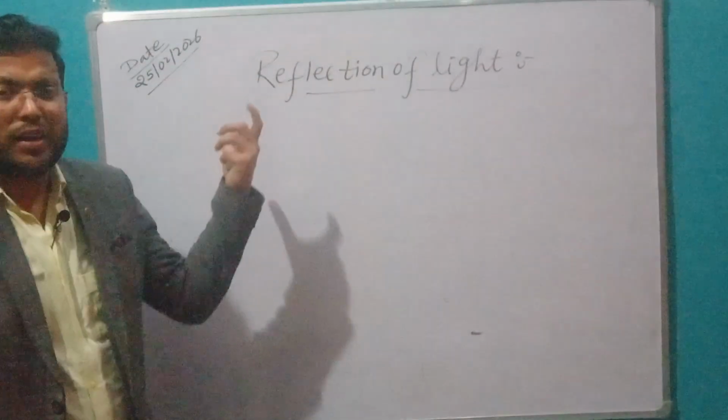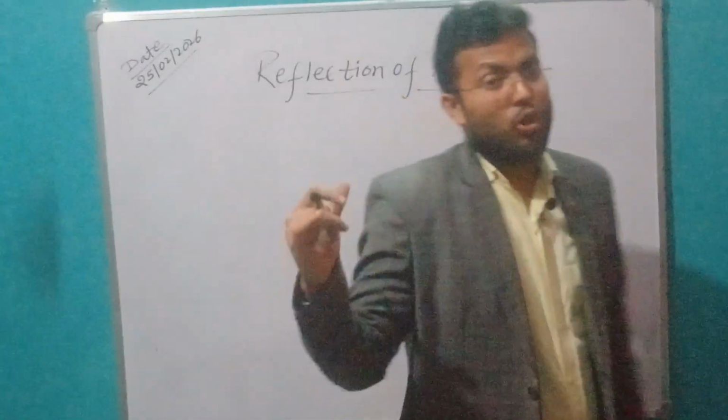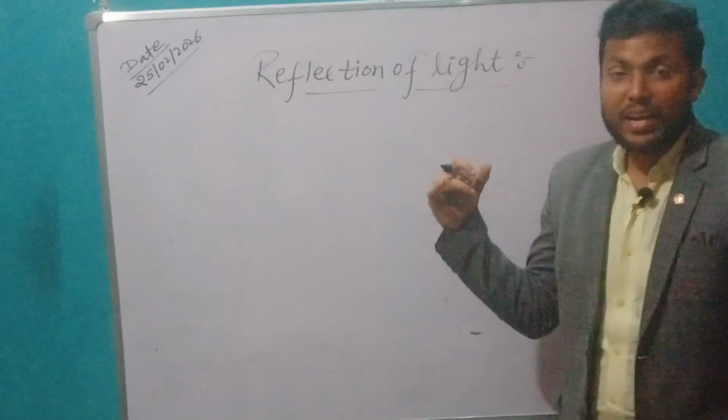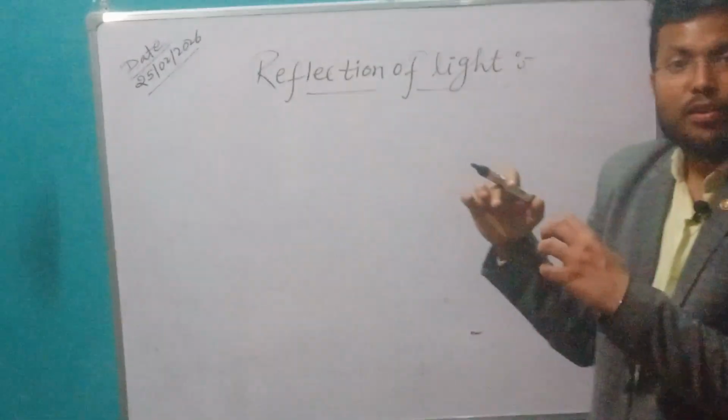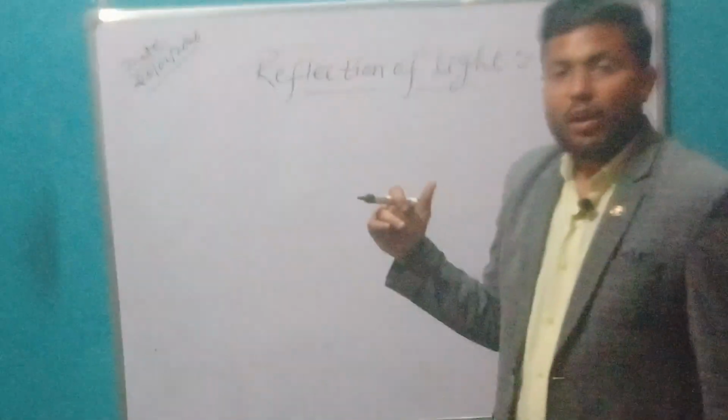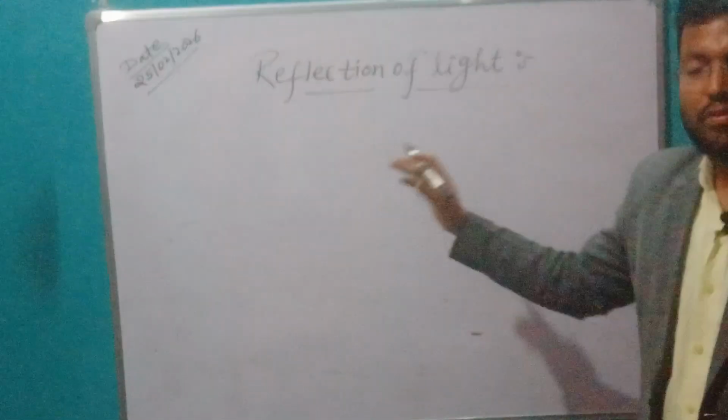Okay sir, what is the meaning of reflection of light? This is also a phenomenon of light. Reflection means bouncing back, turning back of light, and it is known as the reflection of light.